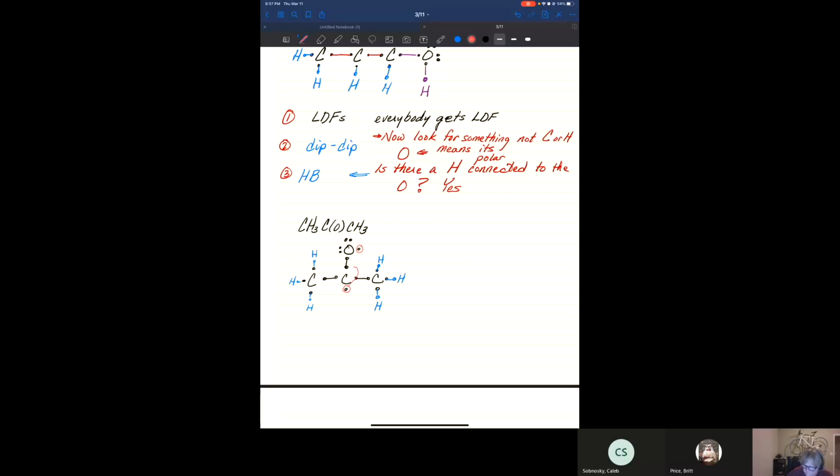So we're going to bring those 2 electrons in and make a new bond. So our picture becomes C, C, C, double bond O, and H, H, H, H, H, H.